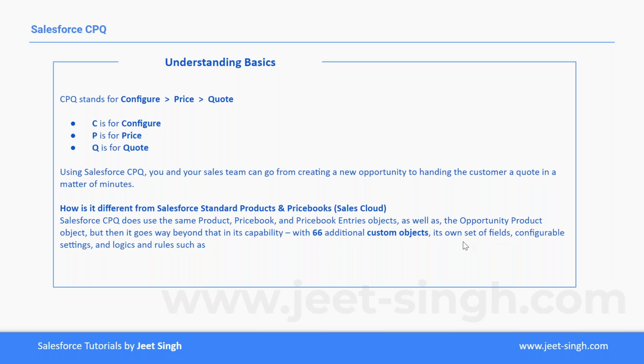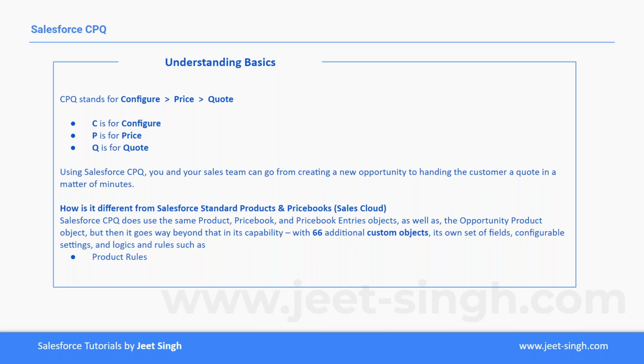I intentionally wanted to keep this number here for you to get an idea of what exactly we are talking about. We are talking about a pretty detailed app which is capable of handling multiple layers of things in the pricing and the configuration part. So that's what Salesforce CPQ does.